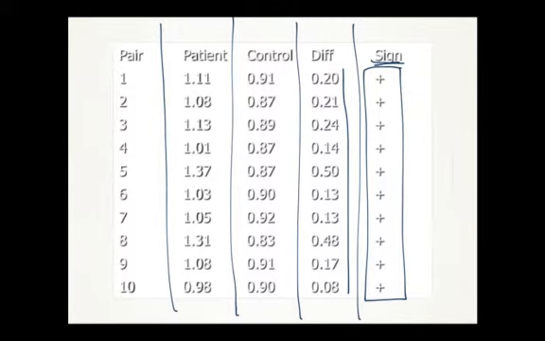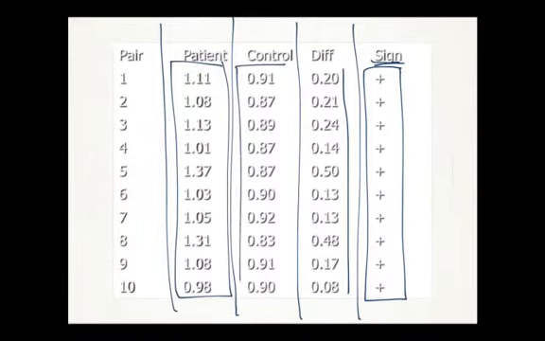So if there was truly no effect of the therapy, we would assume that there would be an equal number of positive and negative signs. But here we have only positive signs. So this would suggest that there is an effect. There is something going on here. The patients all appear to have higher values than the controls.